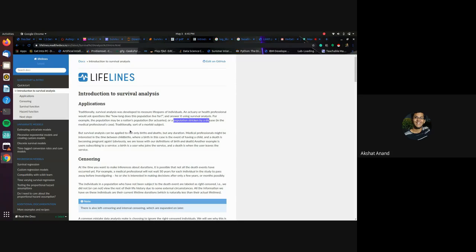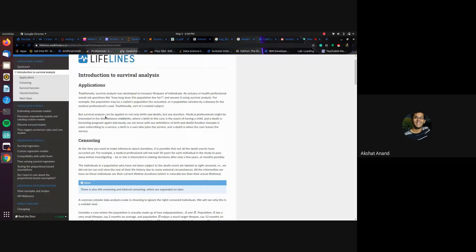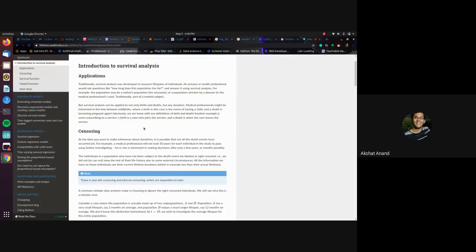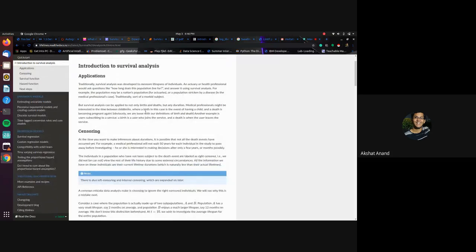We need to calculate the survival of that population. But basically, it's not restricted only to the healthcare profession; we can also implement it in subscribing to a service or the birth of a user to join the service. So this is the application of survival analysis.